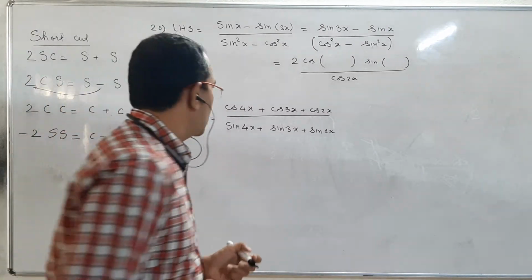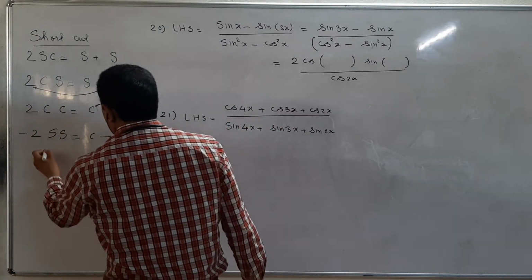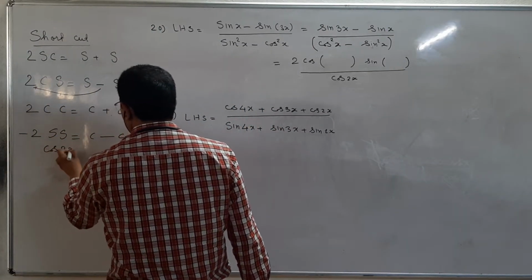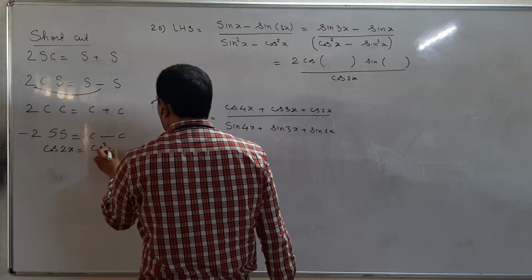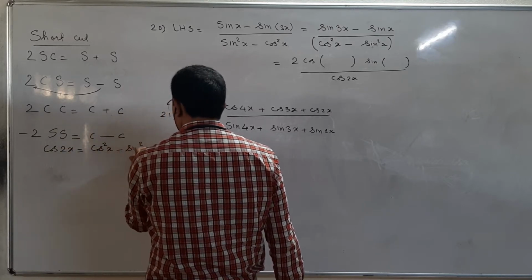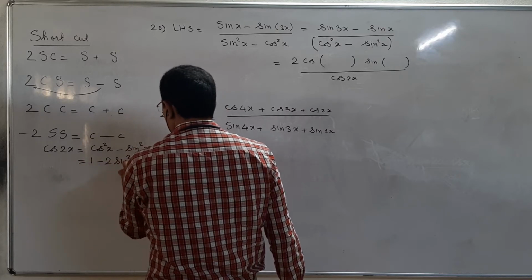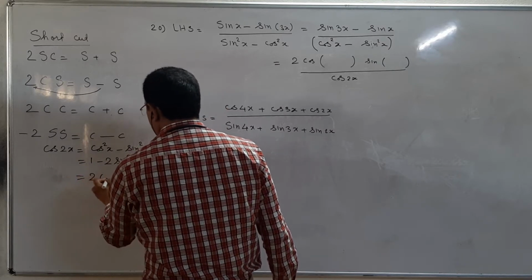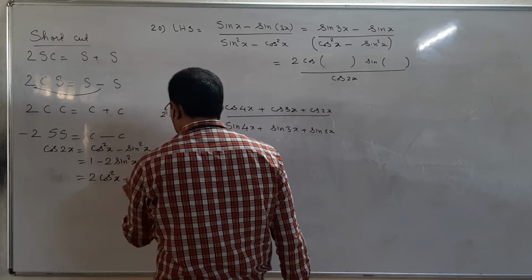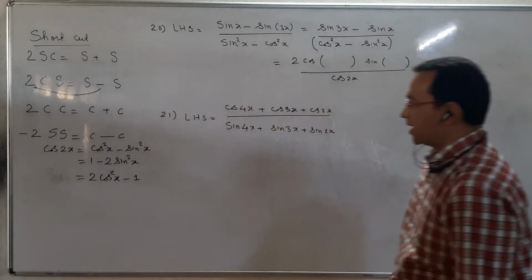I told you cos 2x has 4 formulas, of which the first formula is cos square x minus sine square x, second is 1 minus 2 sine square x, and third is 2 cos square x minus 1.